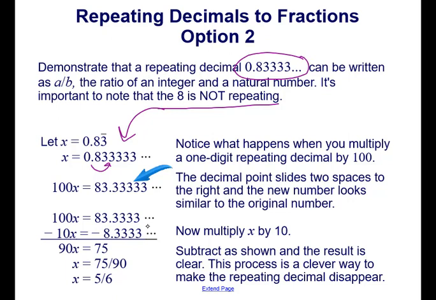So we have to multiply x by 10, and then if we subtract, as shown, 10x from both sides of the equal sign, we'll end up with 90x equals 75. Dividing both sides by 90, we get x equals 75 over 90, which is 5 over 6, which is exactly what we got last time.